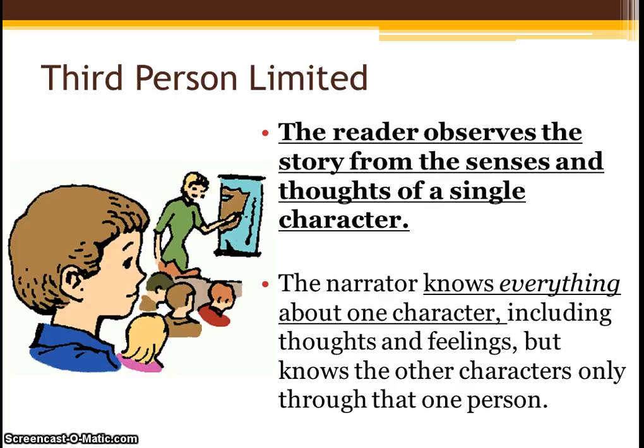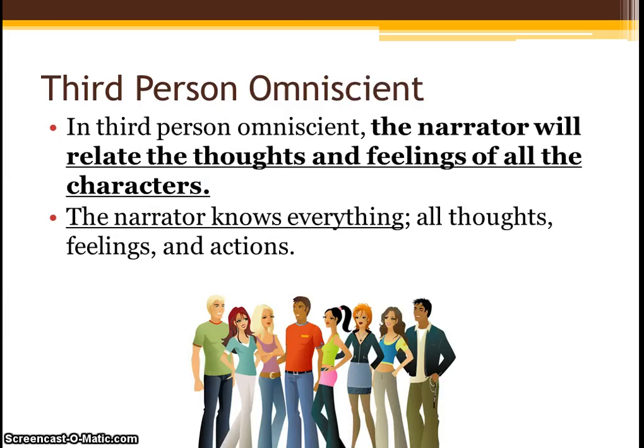So we can learn about other characters based on what this one character sees or hears or thinks about them, but we know everything only about this one character. So again, this is third person limited, where we get the thoughts, feelings, and emotions of only one character.